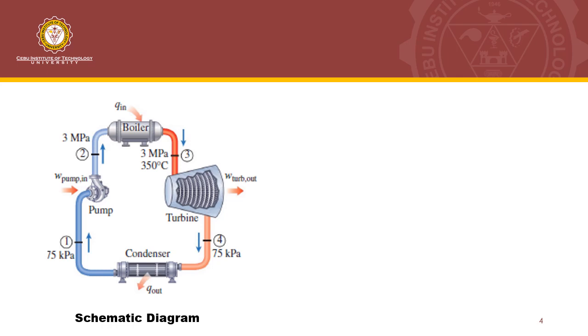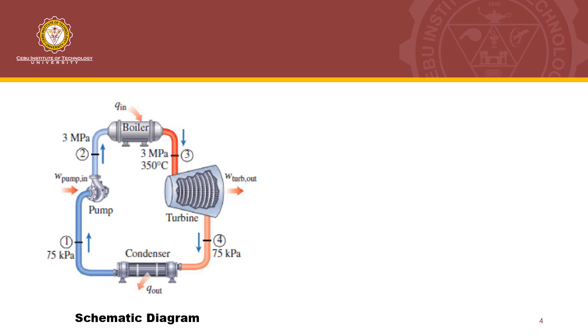It says in the problem that the steam enters the turbine at 3 megapascal and 350 degrees Celsius. So in this loop, we have 4 important points: point 1, point 2, point 3, and point 4.